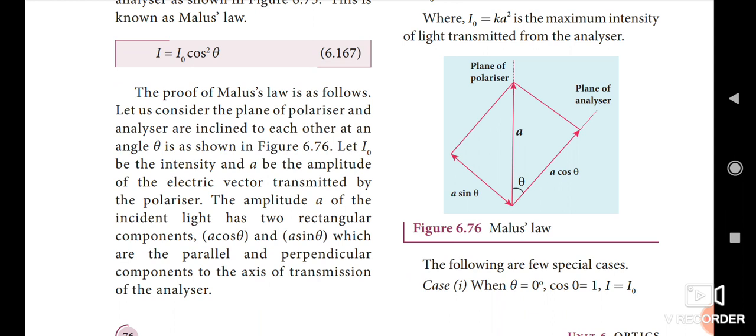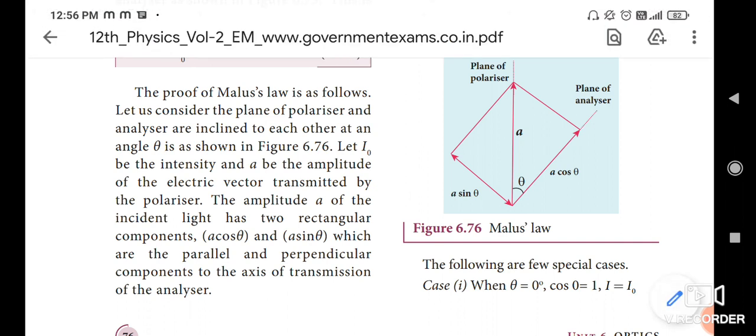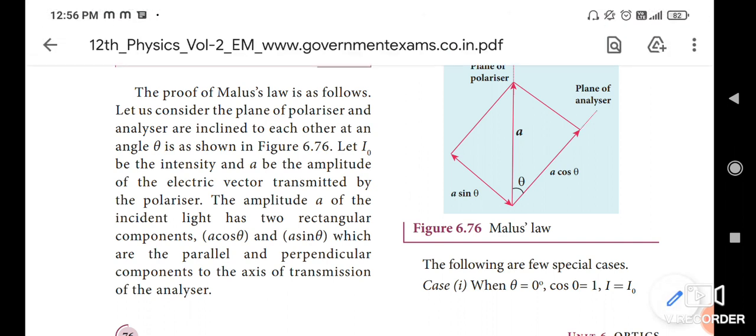I already said this analyzer is tilted to 90 degrees, so it is resolved into two components, one horizontal and one vertical. Let us consider the plane of polarizer and analyzer are inclined to each other. It makes an angle theta. See the figure 7.30.